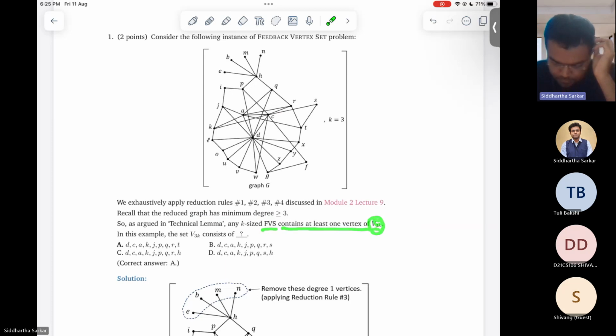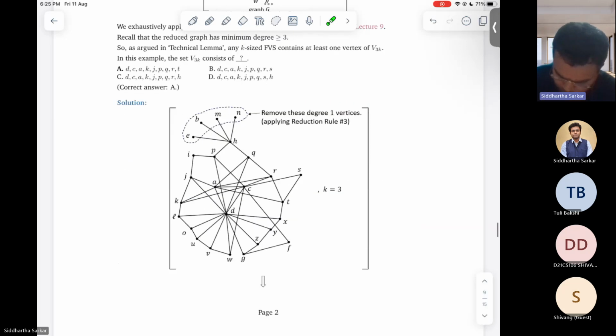So V3k is the vertices having highest degree, I mean, the first 3k vertices when you arrange the vertices in decreasing order of degree. So the question is, in this example, what is the set V3k? Okay, so here is the solution.